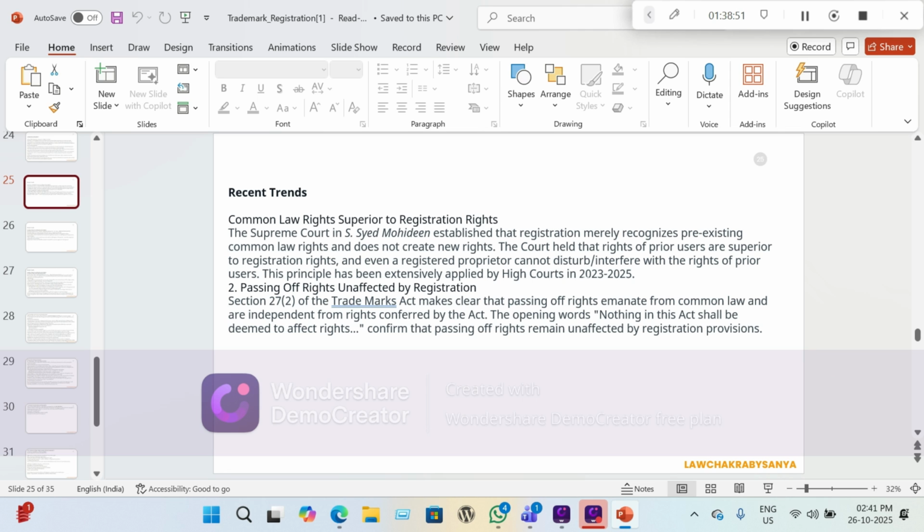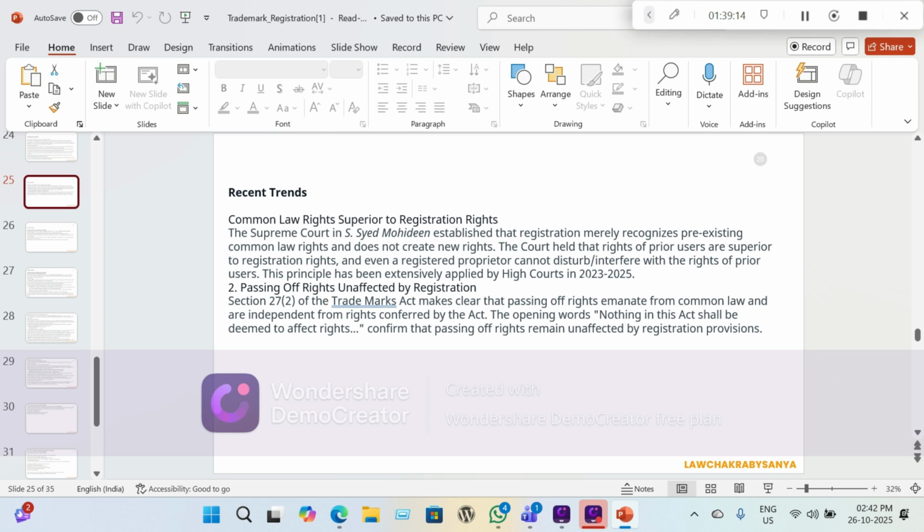This principle has been extensively applied by high courts in 2023 to 2025, and that is why when you're looking at your trademark applications, if there is no user affidavit that you can file and you are with a common law search or a Google search, you're able to find somebody else who's been using that exact same mark for a long time even though they're not registered in India, but they're pretty popular.